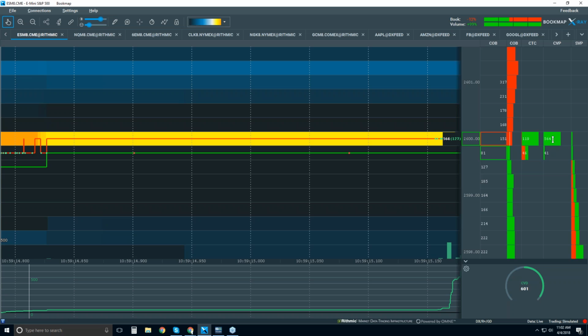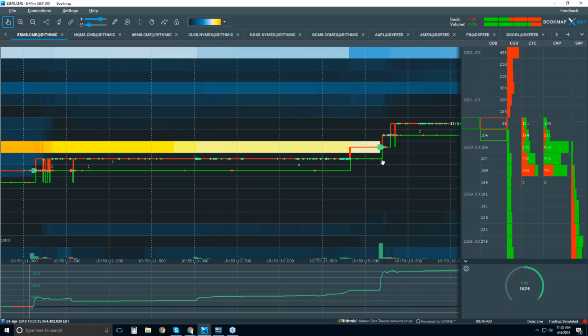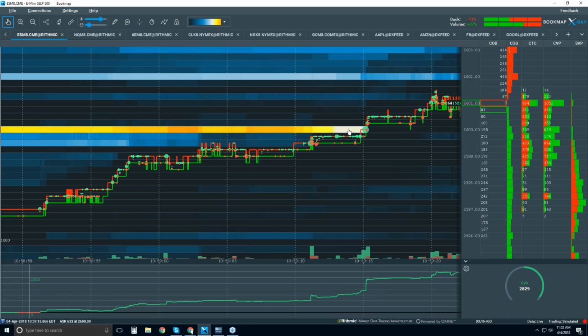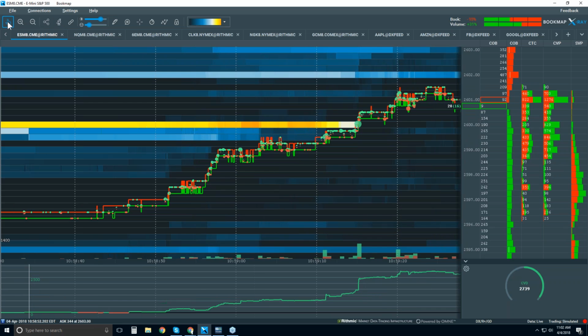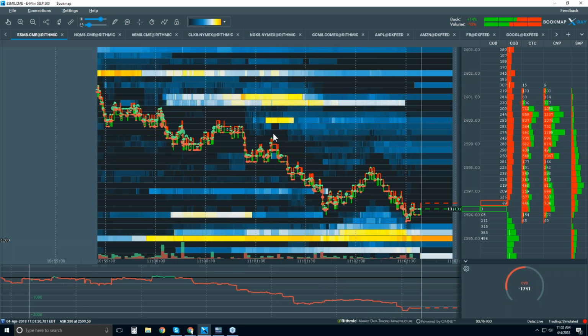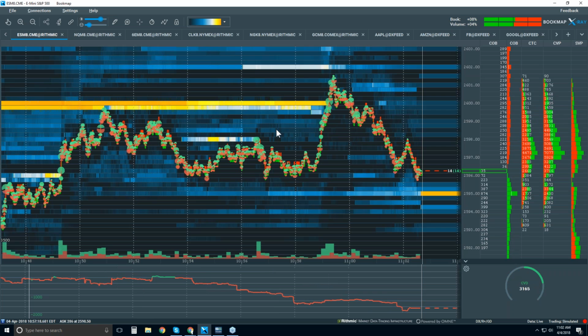So you can see almost all of it traded. These guys are starting to become sellers at these areas. That's real liquidity. Now let's zoom back out and take a look at this.